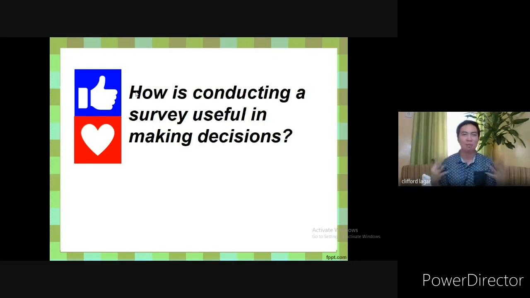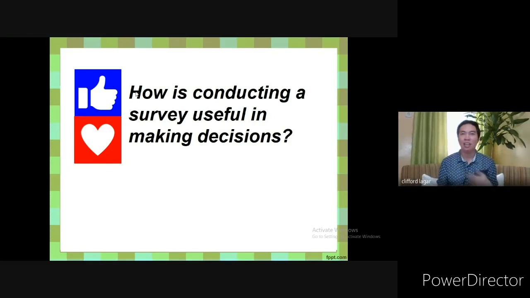If you're going to sum up your answers, a survey can really influence our everyday decisions. That's correct. This becomes useful when we want to make a decision and yet we have so many choices and options to choose from.